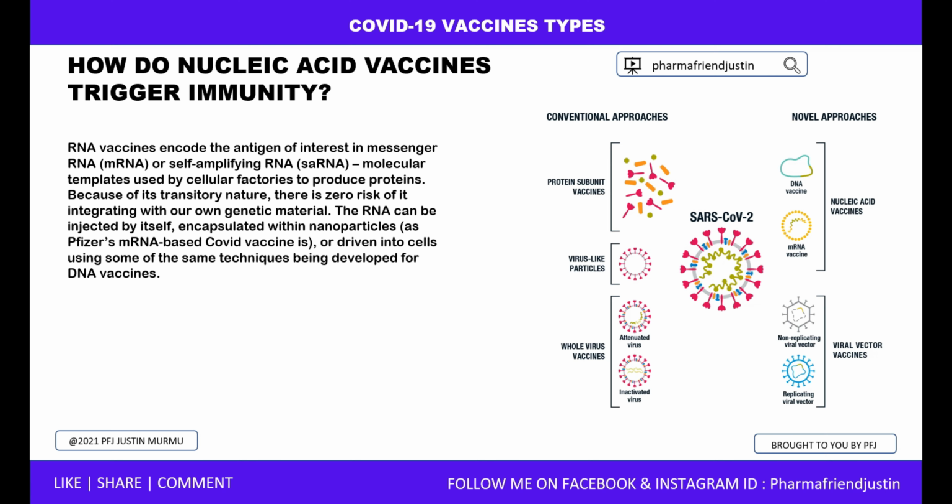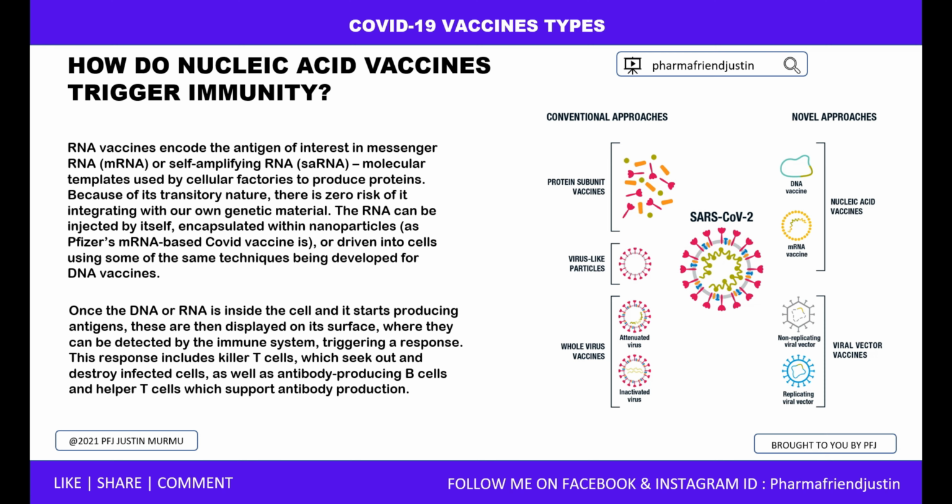The RNA can be injected by itself, encapsulated within nanoparticles as Pfizer's mRNA-based COVID-19 vaccine is, or driven into the cells using some of the same techniques being developed for DNA vaccines.